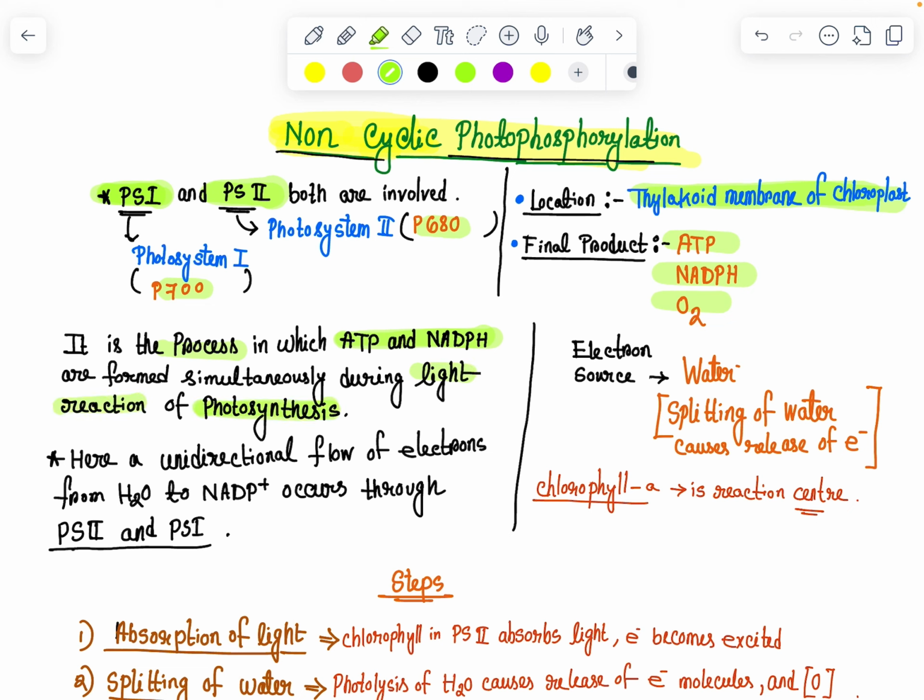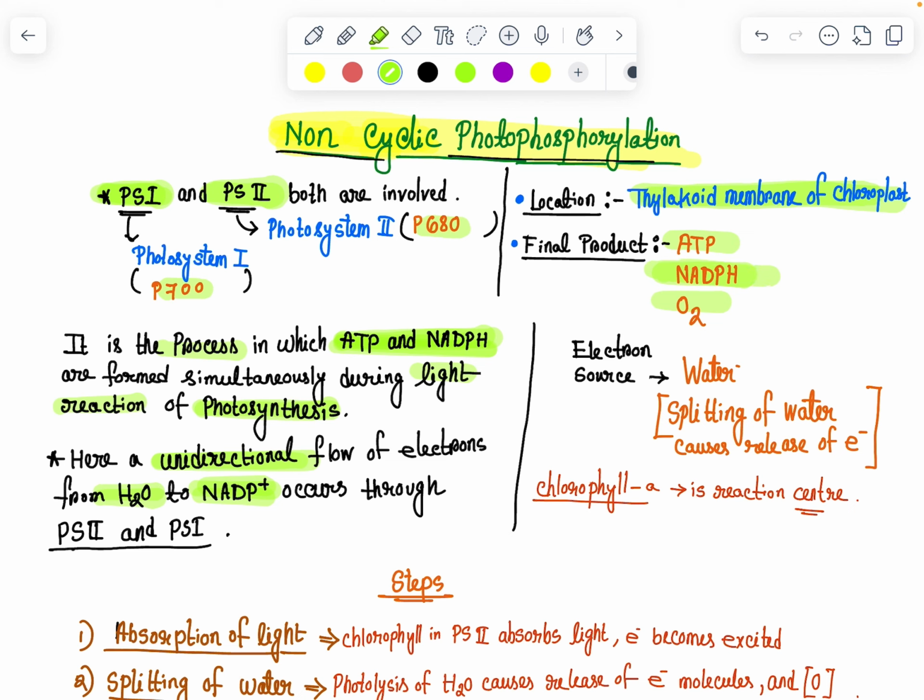So we will look into how these are formed during this process. Here the electrons flow in a unidirectional flow. The electrons come from the H2O molecule and are transferred to the NADP plus molecule, which is reduced to NADPH, the final product of our phosphorylation process.